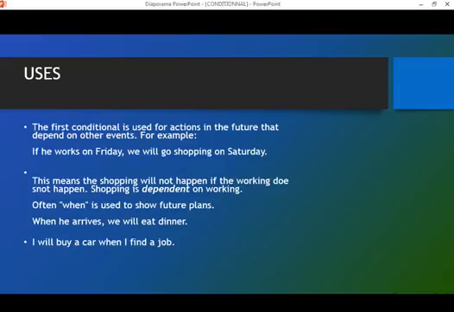It depends, okay? Shopping is dependent on working. Often when is used to show future plans. For example, when he arrives, we will eat dinner. I will buy a car when I find a job. The first one depends on the second.